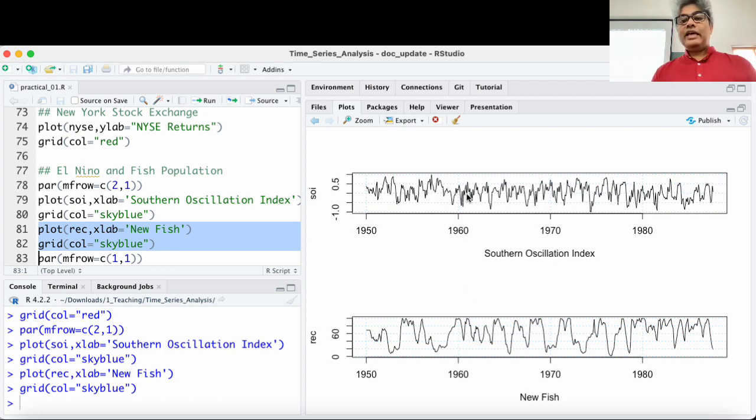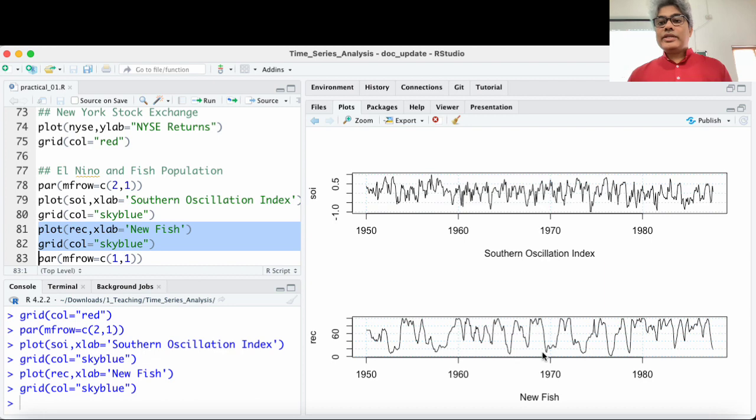Obviously what we are seeing is that they have different frequency behavior, but the question remains whether they are correlated or not. And obviously if it is correlated, in which direction are they correlated?